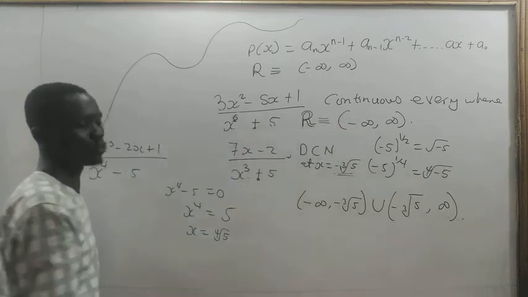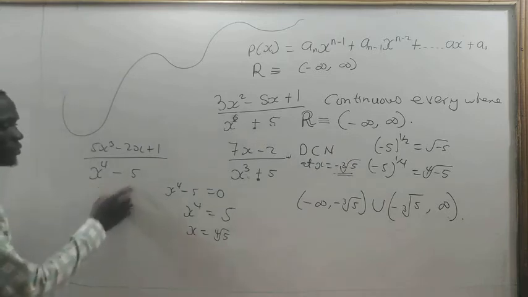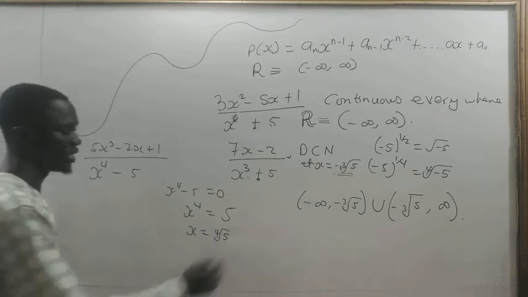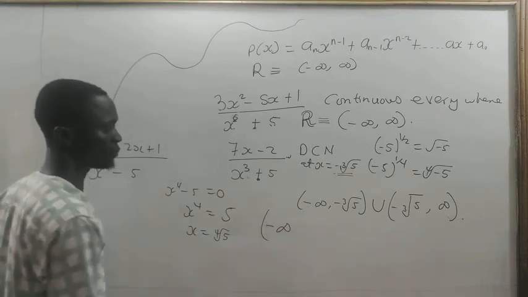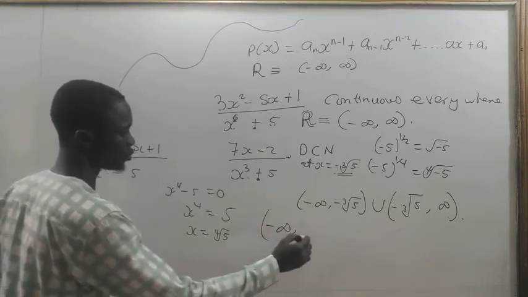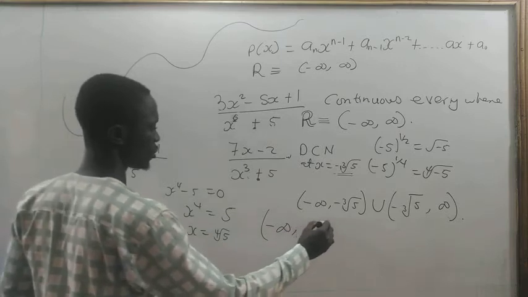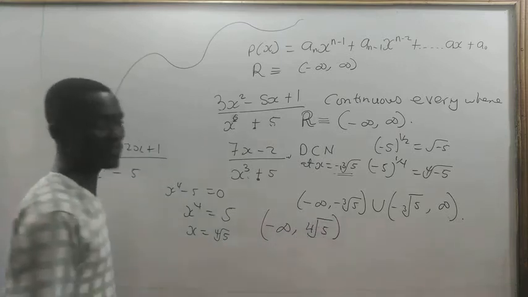There's no need to equate this to 0, and this will be the interval of continuity. But for now, we've equated this to 0 and had x equal to the 4th root of 5. So here, we can say that any negative number up to the 4th root of 5. This means that the 4th root of 5 is not included.